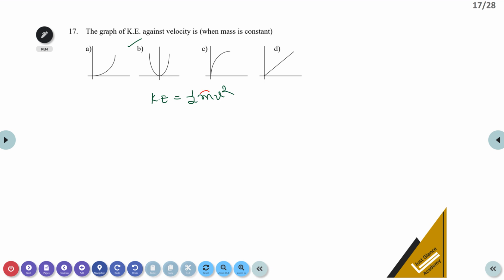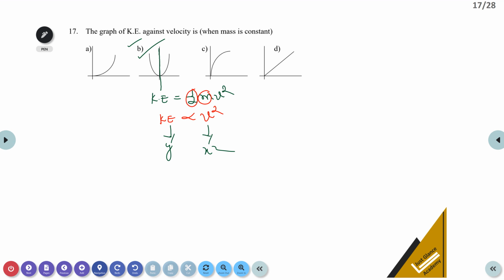Here m is constant, so kinetic energy is directly proportional to v square. This is like y equal to m x square, an equation of a parabola. It is symmetric with respect to this axis, so this is the right graph.